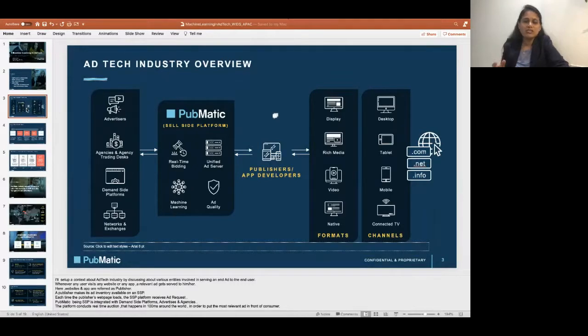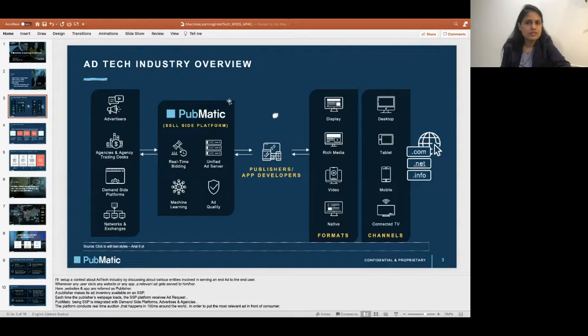Over here, the website is referred to as a publisher. Publishers make their inventory available to the sell side platform, which is referred to as SSP. Each time the publisher web page gets loaded, the ad request gets to our platform.